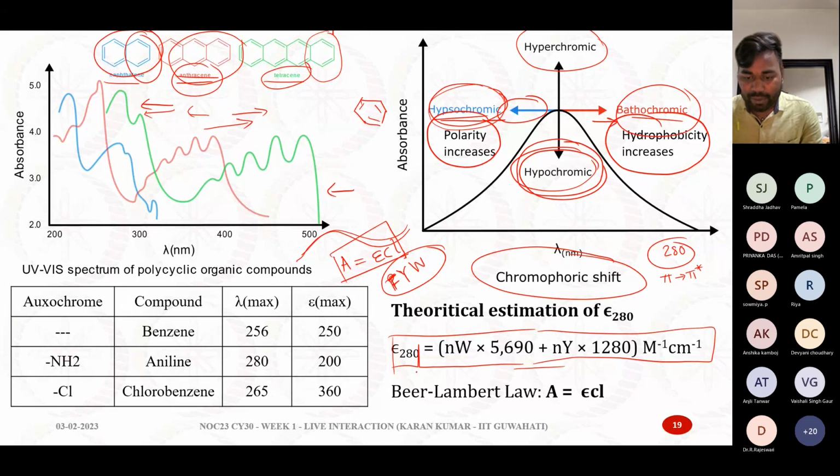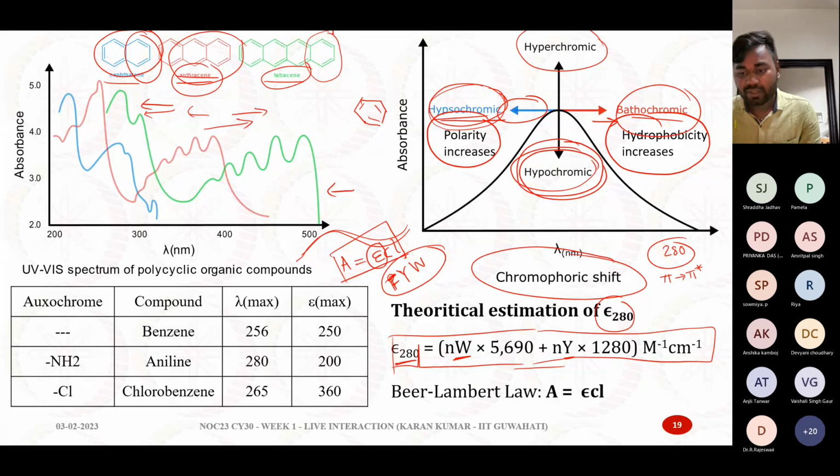At 280 nanometer, you have to calculate epsilon, which is the molar absorptivity coefficient, a theoretical estimation for 280 nanometer.